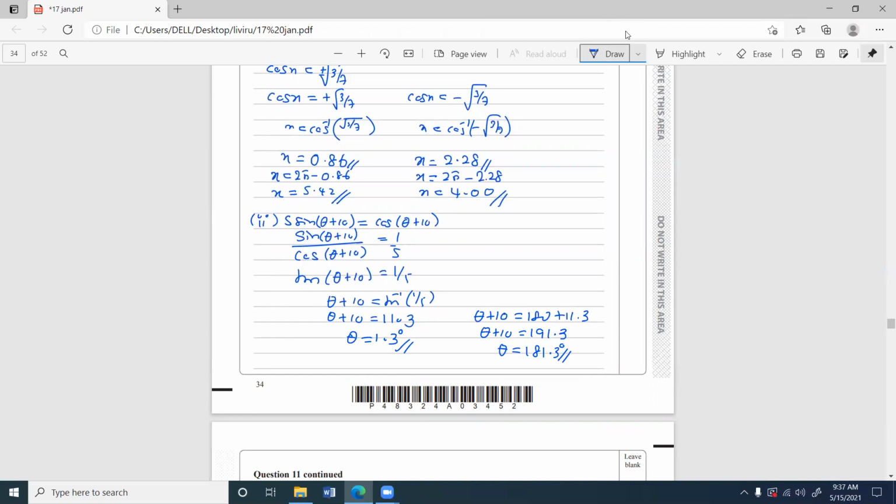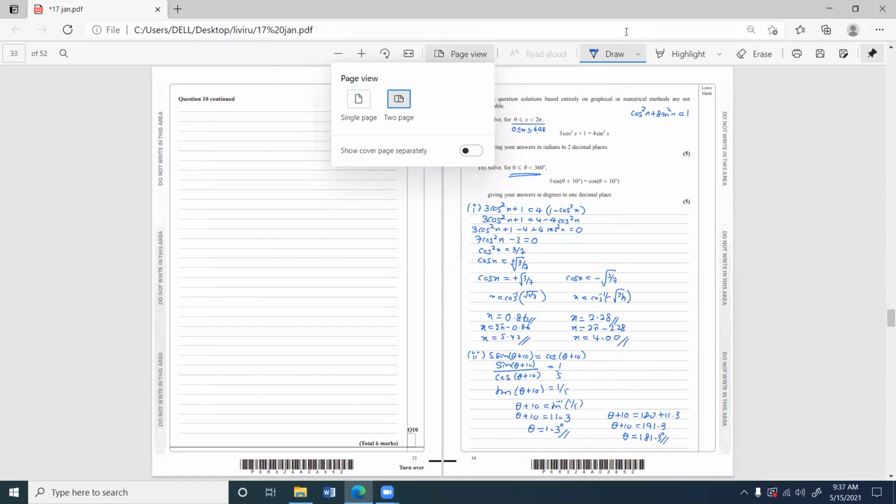That's the way of getting this kind of answer. If you make it a single view, you can see the entire answer at once. This is 6.28.